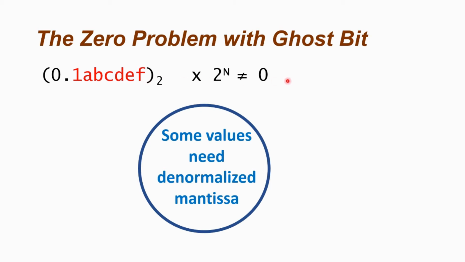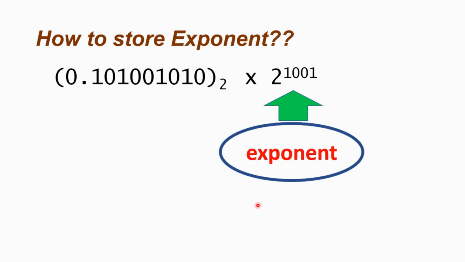So this smart idea of using the ghost bit creates a new problem, that 0 becomes non-representable. Therefore, we need some values to have a denormalized mantissa, some values like the 0. So most of the standards use a combination of normalized and denormalized mantissa values.